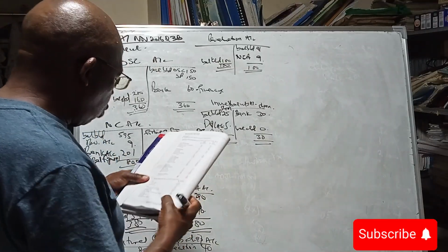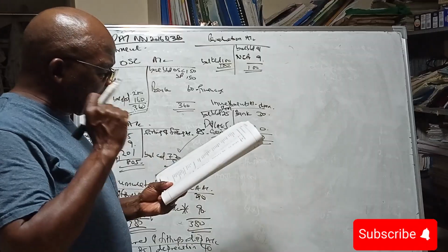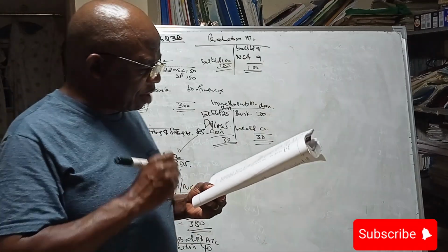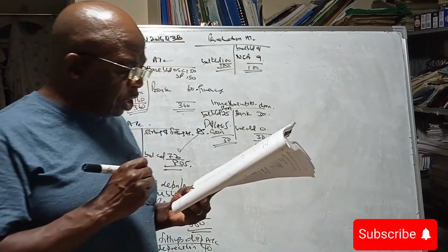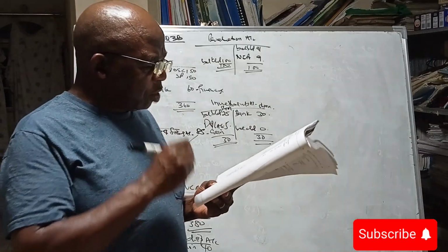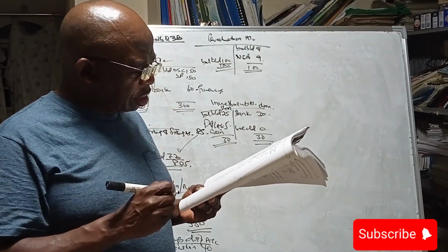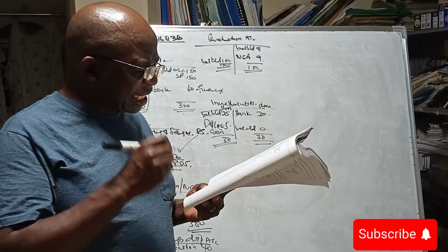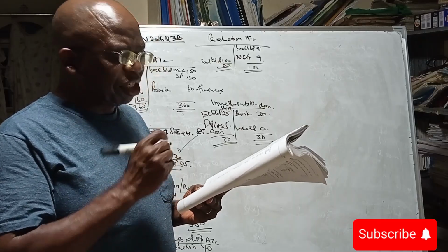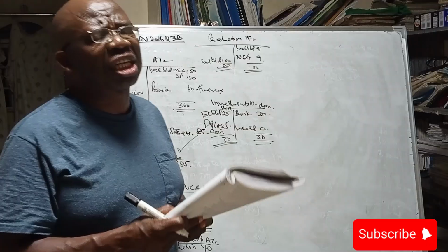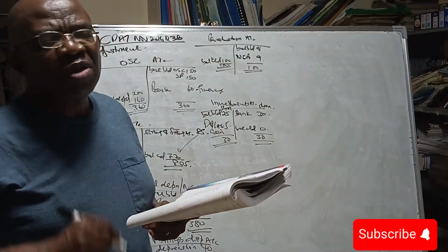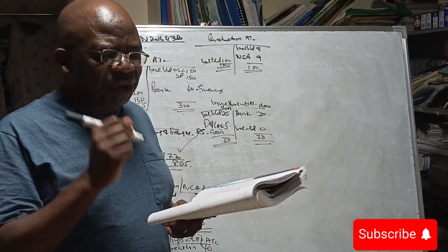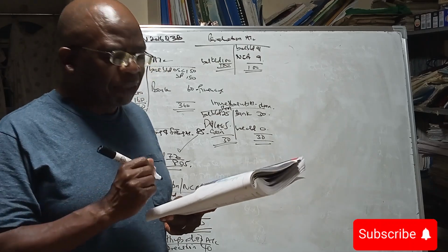So we now follow the order. We go to the income statement. If you look at that income statement, there is something very interesting: interest income. We have sales, cost of sales, gross profit, interest income. Anytime you find interest income, you must ask yourself, where is this interest income coming from?